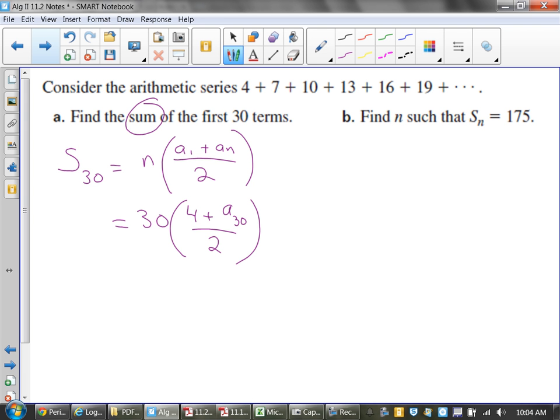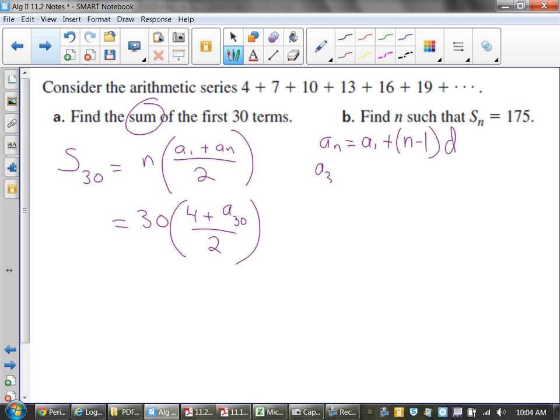So in order to set that up, you've got to figure out what the 30th term is going to be. So you have to use that nth rule, knowing that the a sub n for this problem is going to equal your first term plus n minus 1 times d.